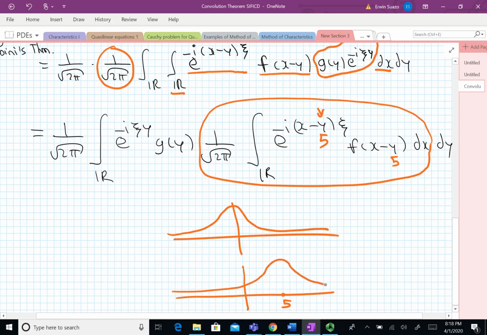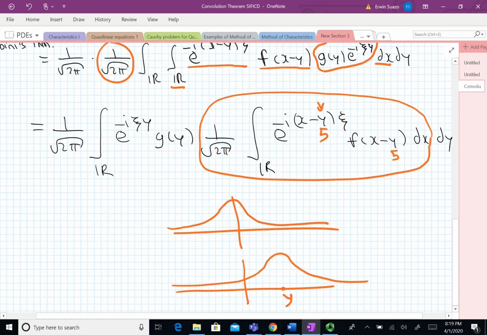What is the difference between the areas? Nothing. That's the same area, the same integral. You just translated 5 units to the right, in this case y units to the right. So this integral is exactly the same as the integral of e to the minus i x theta f of x dx, and that's the Fourier transform of f.